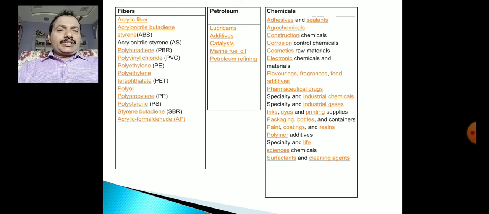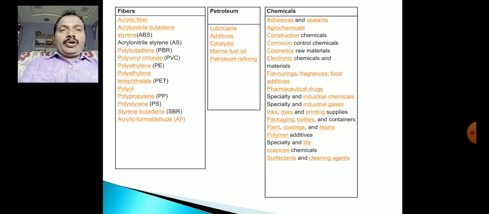After intermediates, we have the fibers and products. Here, acrylic fiber, acrylonitrile, butadiene, and styrene. That is ABS, which is acrylonitrile, butadiene, and styrene. And acrylonitrile styrene AS, and polybutadiene PBR.